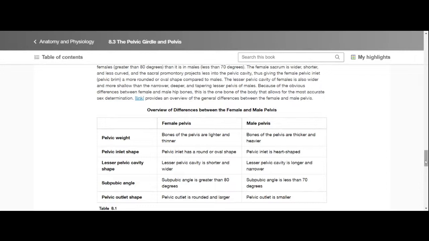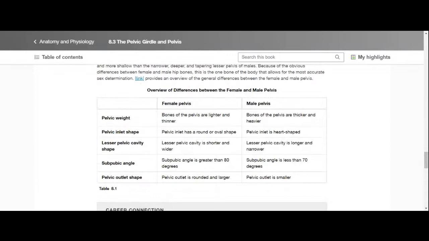This can be located in the OpenStax textbook link in your Blackboard folder. Please know this chart.